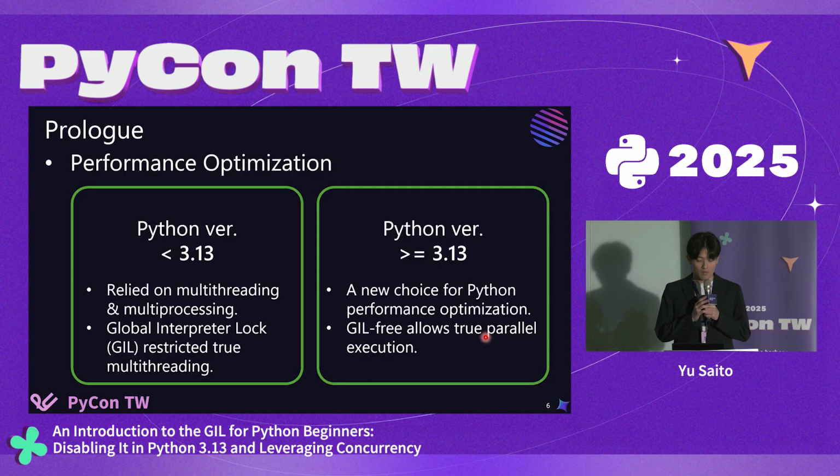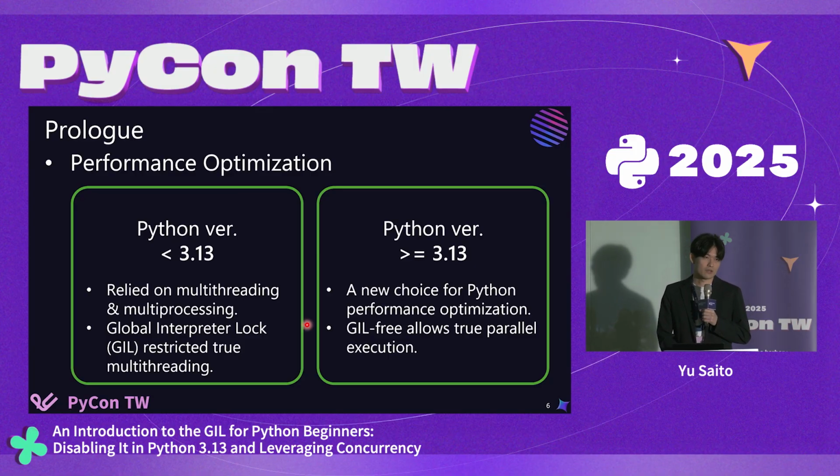First, I will talk about the brief historical background of Python performance optimizations. Prior to Python 3.13, there were several approaches to optimize Python performance. The main approach was using multithreading and multiprocessing.